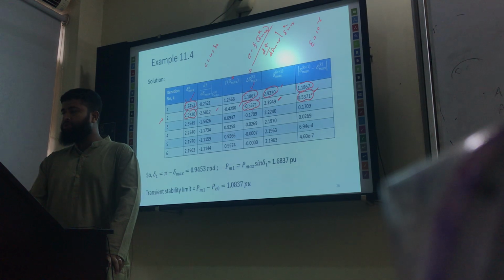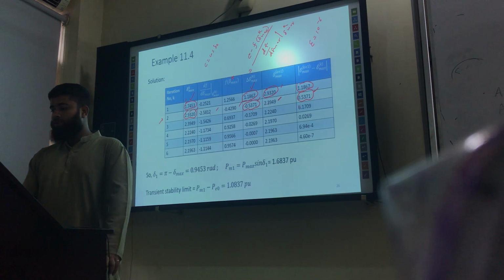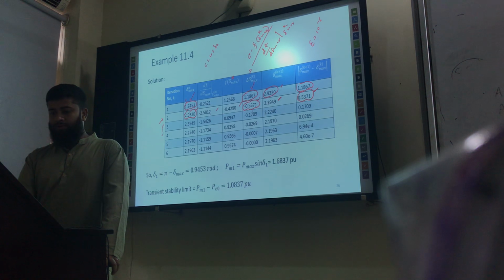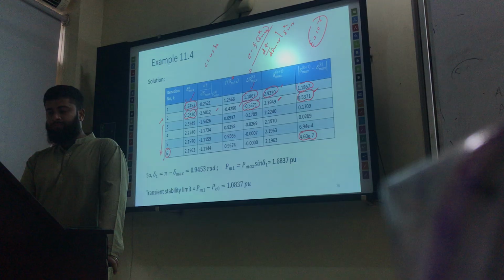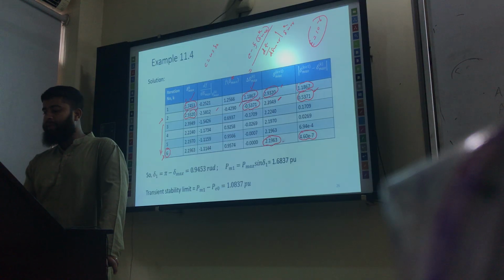That means you are close to your final solution. So if you proceed like this, maybe at iteration number 6, you will see that now the difference is 4.6 multiplied by 10 to the power minus 6. That means it is below this one, right? And now you can stop here and you can take the updated value, delta max at iteration number 6, as your final delta max. So this is the delta max.